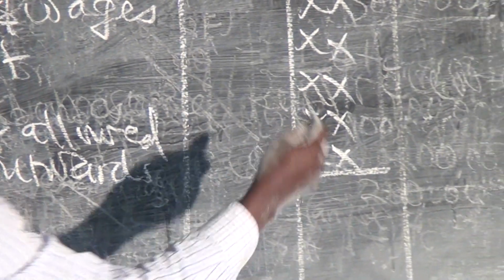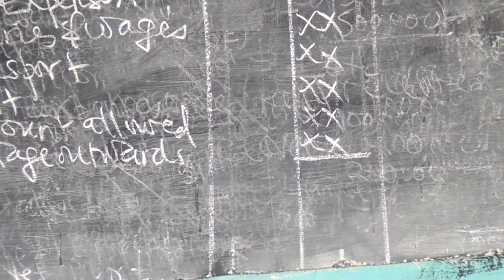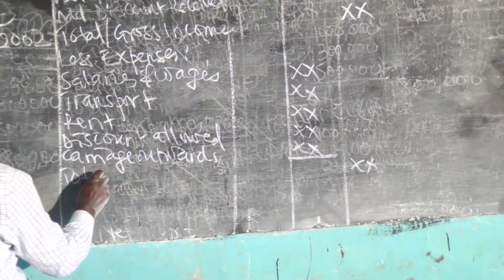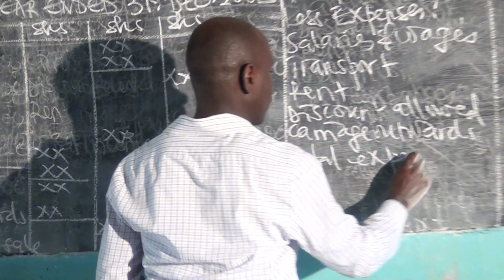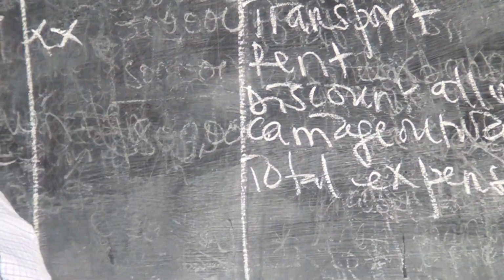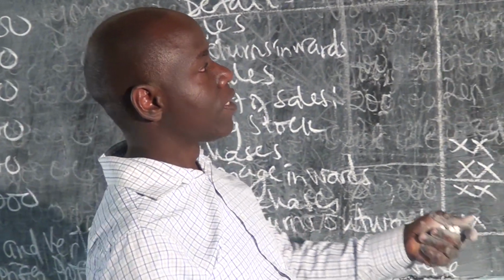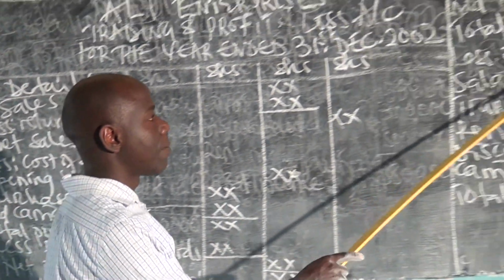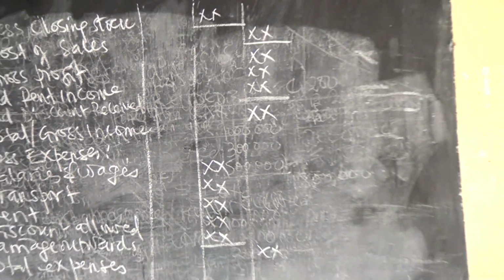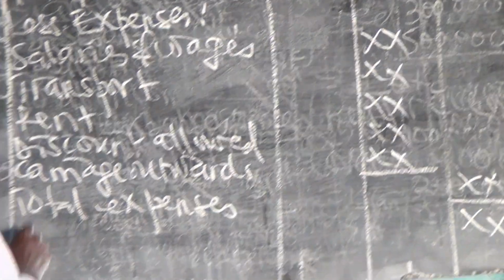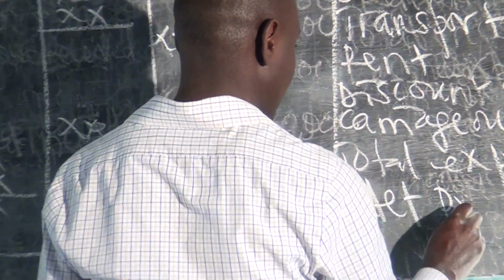When you add, that's one of the expenses, we cannot exhaust them. When you add, what you get down here is total expenses. The formula for calculating net profit is gross income or total income, this one, minus total expenses. So if you minus, what you get down here is what we call net profit.